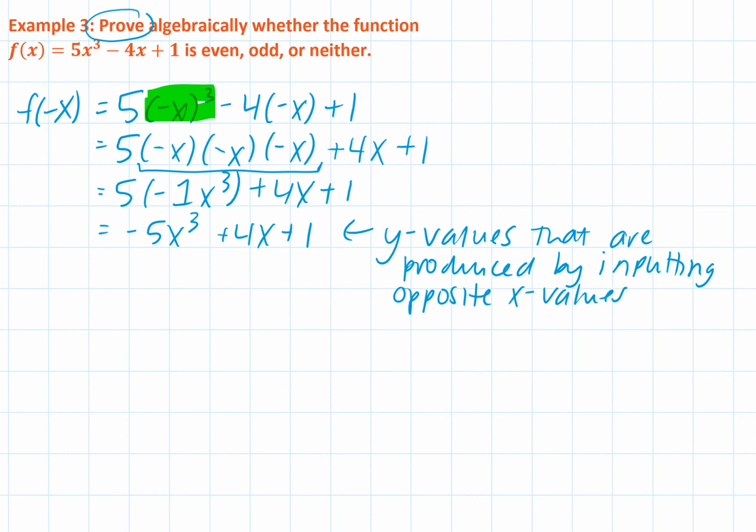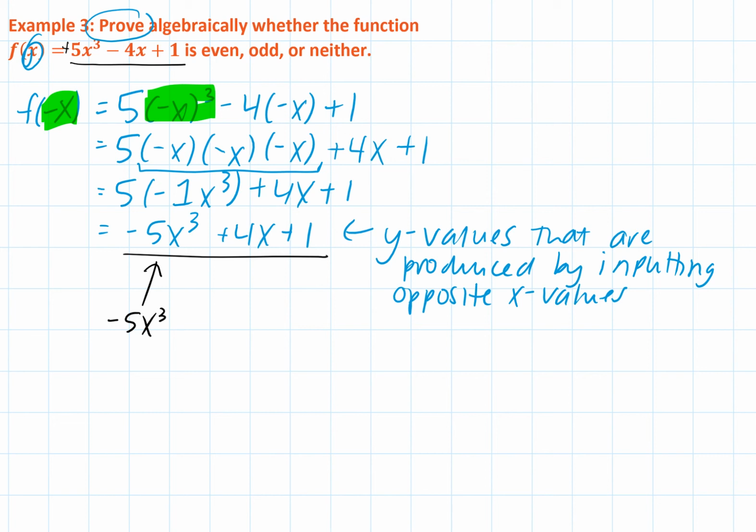This is just some x here, and this is the opposite of whatever that x value is. So the question is, are these values right here the same as these y values? Well, no, they're not the same, because you have a negative 5x cubed here and a positive 5x cubed here. So we know right away the function is not even. You're not getting the exact same y values.